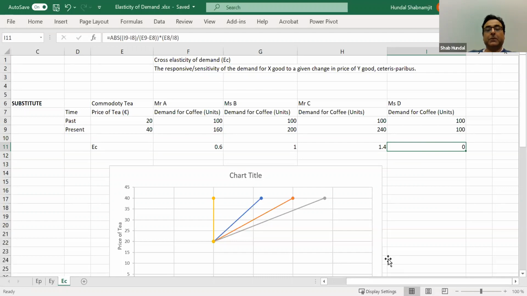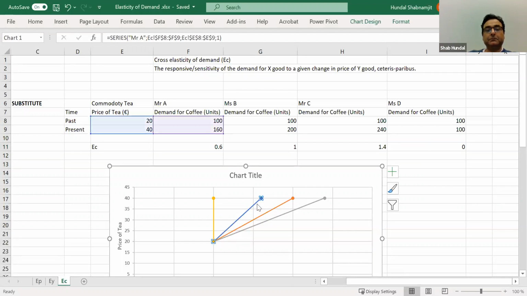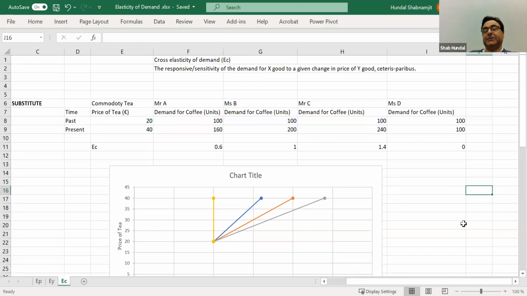And once more, you can see the blue line, Mr. A, orange, Miss B, gray, Mr. C, and the yellow, Mr. D. So basically, once again, you can make some assessment that as the elasticity, as the cross elasticity of demand increases, the slope becomes sharper and sharper. No, I said the opposite. When the elasticity increases, the slope becomes less sharp, rather flatter.